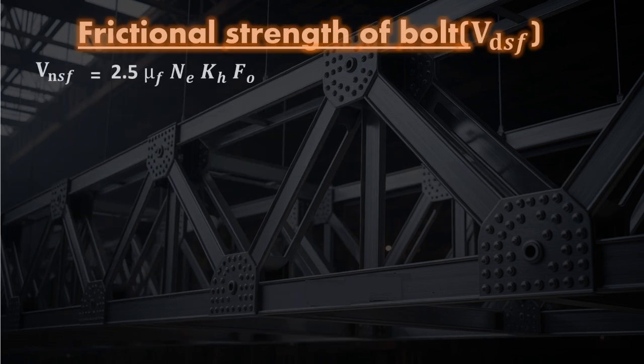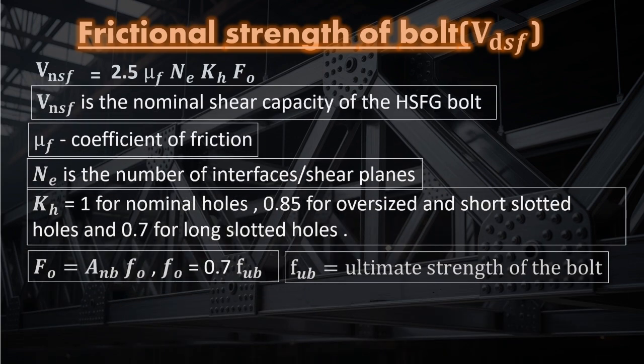Frictional strength of bolt. VNSF equals 2.5 mu F Ne Kh F naught. VNSF is the nominal shear capacity of the HSFG bolt. Mu F, coefficient of friction, and Ne is the number of interfaces / shear planes.